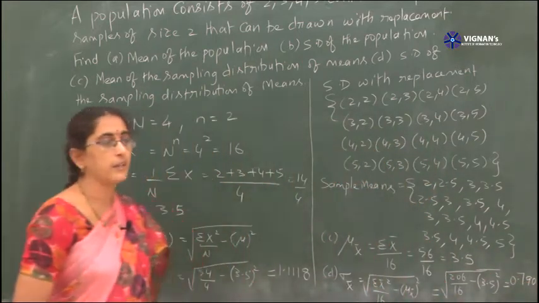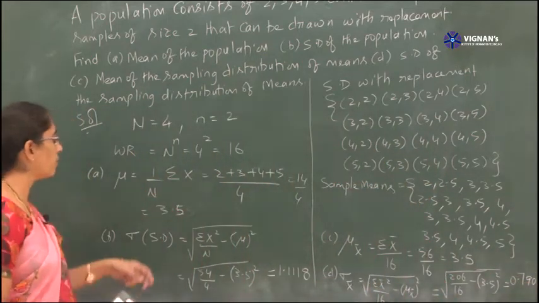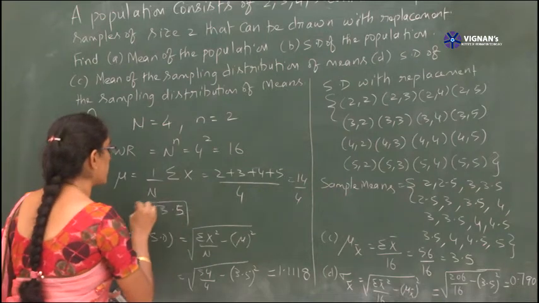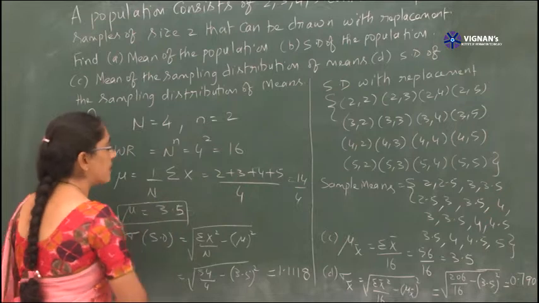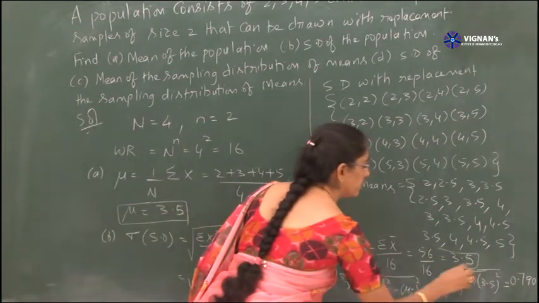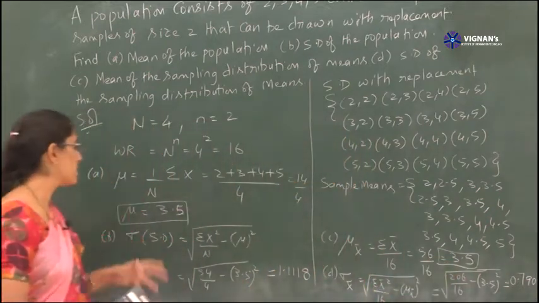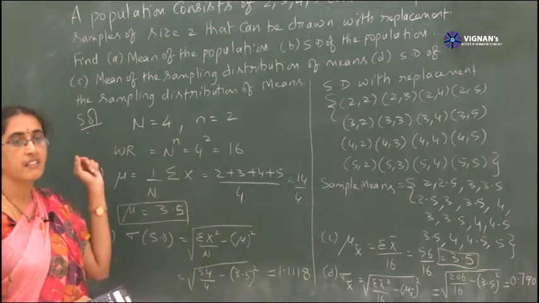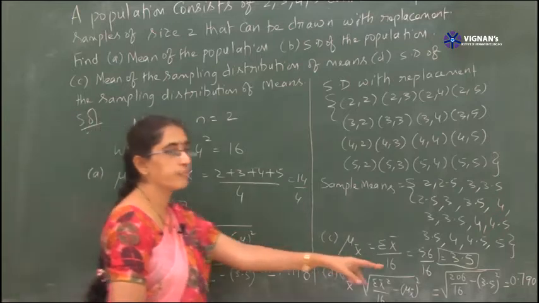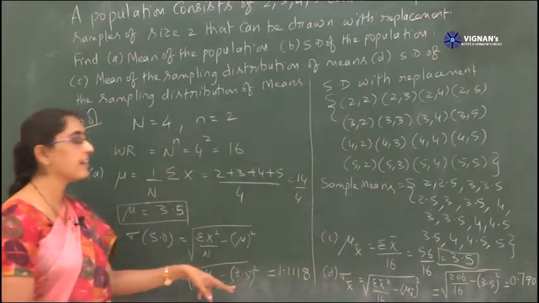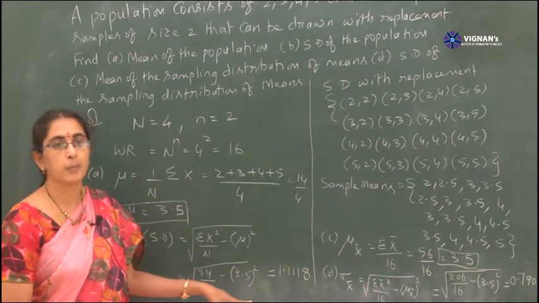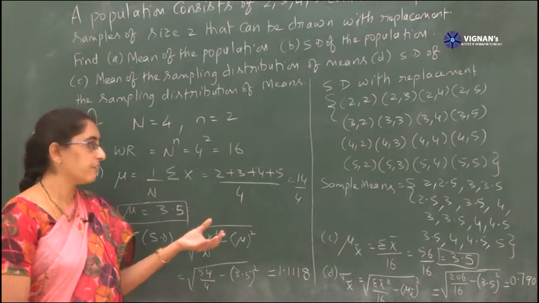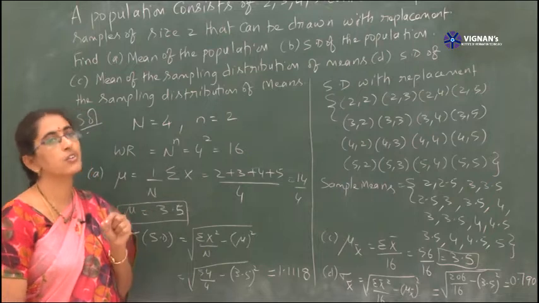So remember, the mean of the population and the mean of the sampling distribution of means must always be equal. That is 3.5 and 3.5. Whereas the standard deviation of the sampling distribution of means should be less than the standard deviation of the population, because whenever the sample size increases, the deviation should also reduce.